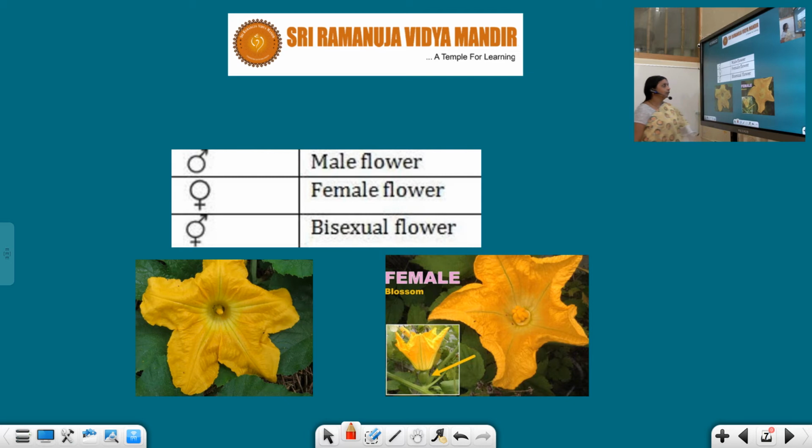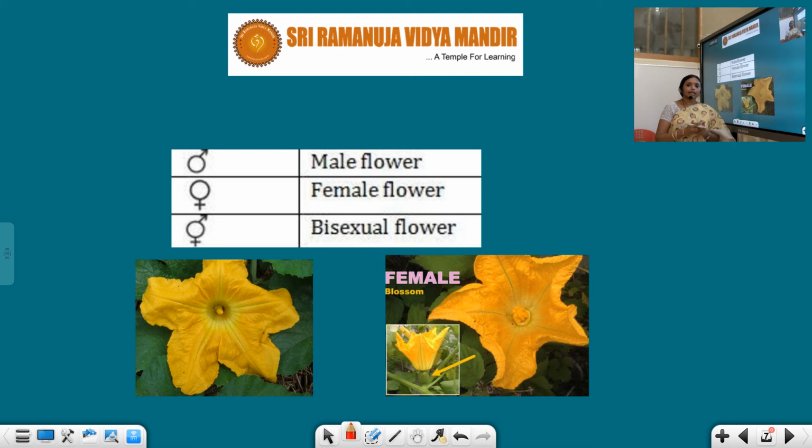And now let's see, if only a male flower is present. In monoecious or in dioecious plants, we have seen some flowers are only unisexual. Either male is present, that means staminate, or pistillate, that means only the female part is present.